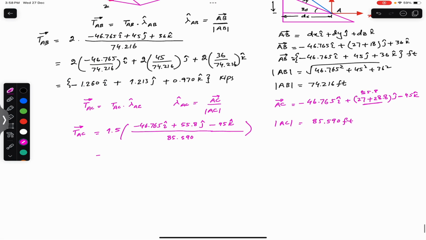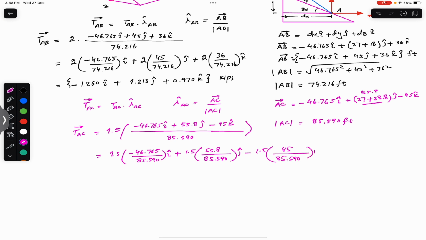Now this will be 1.5 multiplied by this fraction: minus 46.765 divided by 85.590 i plus 55.8 divided by 85.590 j minus 1.5 into 45 divided by 85.590 k.